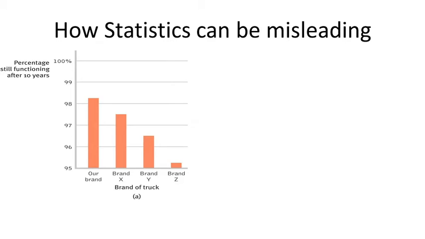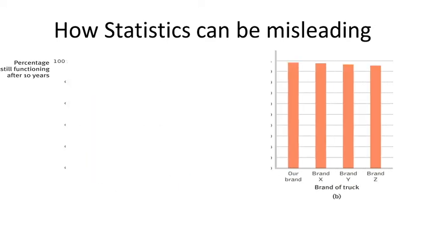Here's another one. You see that there's these 4 different brands of trucks, and we're comparing them on their functioning after 10 years, but you probably already know what's going on here because we just saw one like this a moment ago. Look at that y-axis. You see it's only looking at the top 5%.